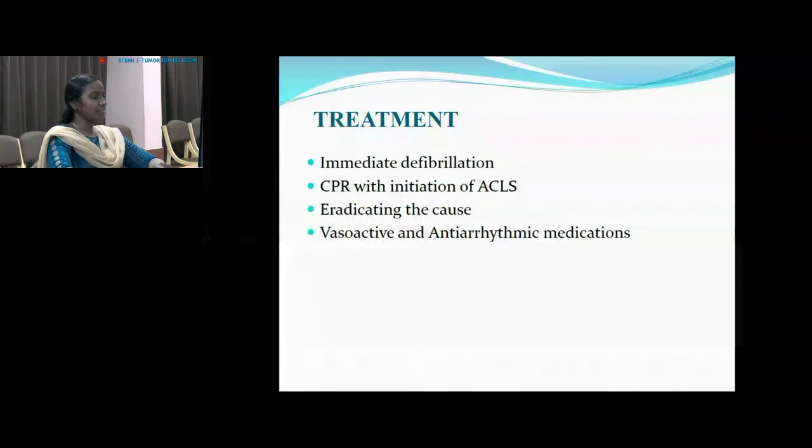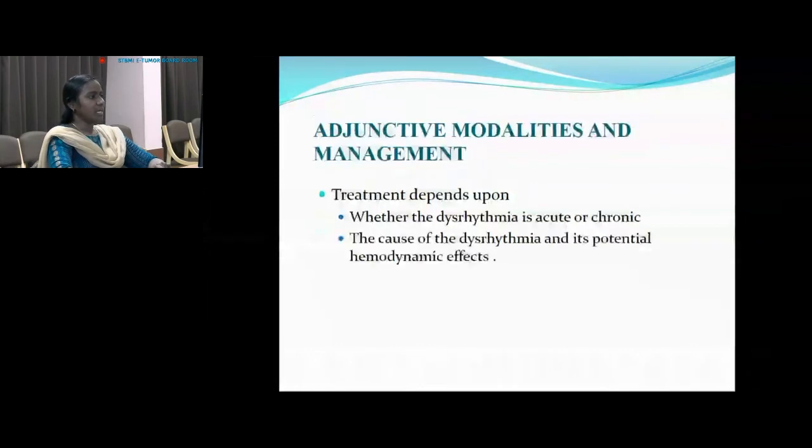And next, adjunctive modalities and management for dysrhythmias. Here the treatment depends upon whether the dysrhythmia is acute or chronic, and based on the acute or chronic origin of the dysrhythmia the treatment will vary, as well as on the cause of the dysrhythmia, because some of the causes are electrolyte imbalances, hypoxia, hypothermia, or hypoendocrine states.